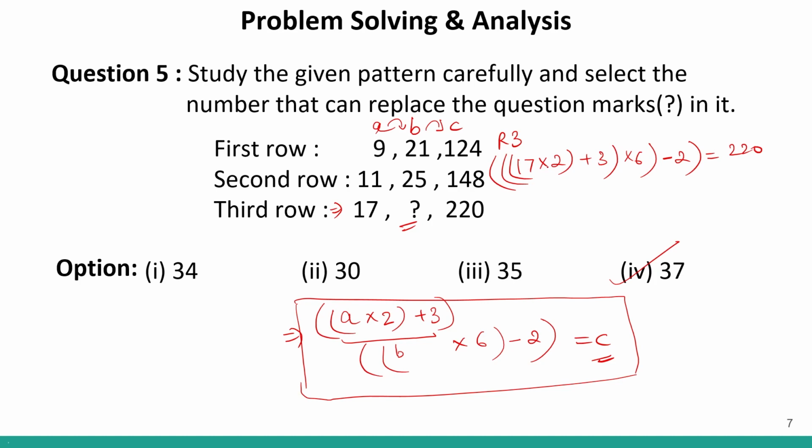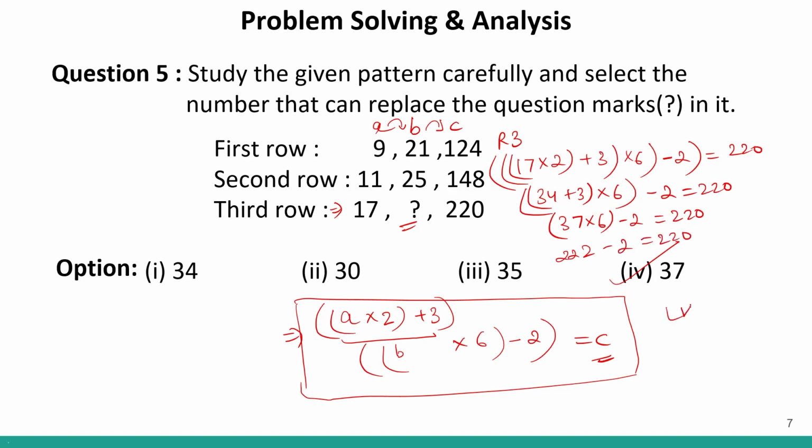Let us check. 17 into 2 is 34, plus 3 will be 37, into 6 minus 2 will give me 220. 37 into 6 is 222, minus 2 will give me 220. So LHS equals RHS. Hence, option number 437 is the correct answer. Clear? How we solve this question?